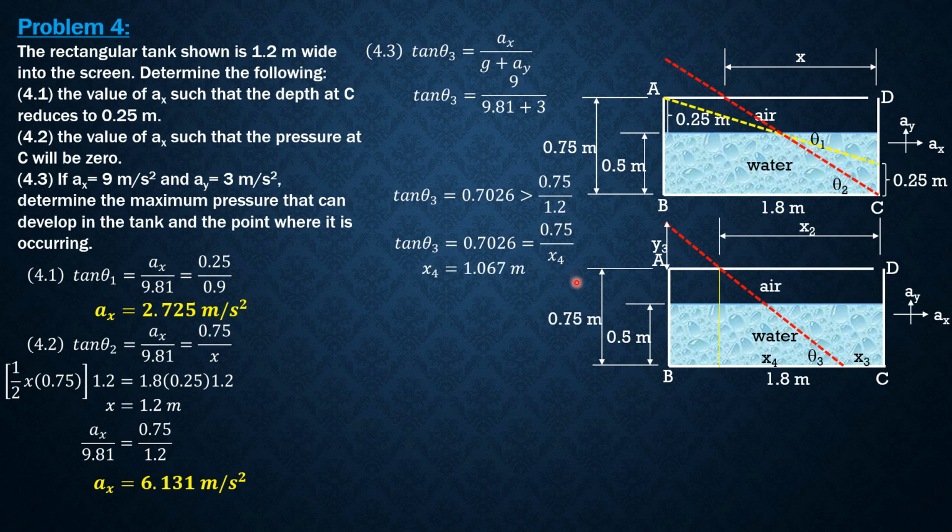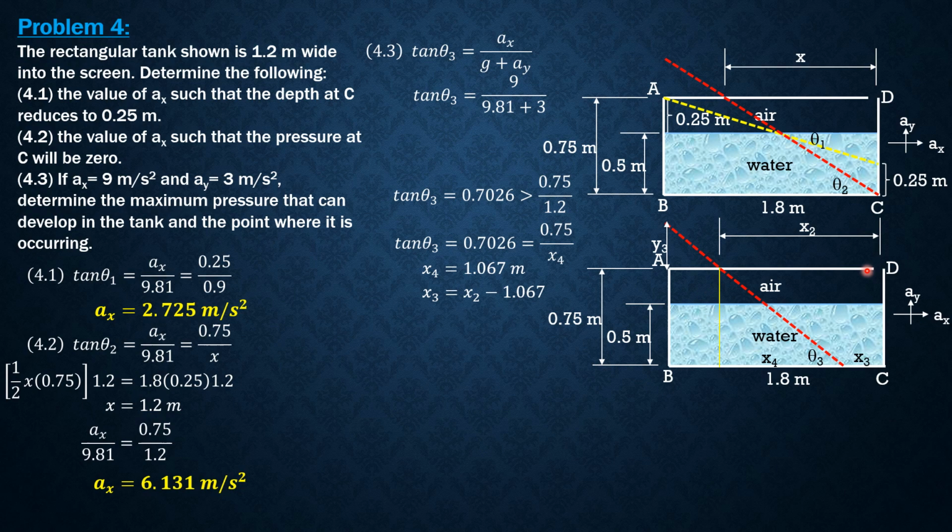So x sub 4 is equal to 1.067 meters. Having found x4, we then express x3 in terms of x2. So x3 is x2 minus x4, and x4 is 1.067.